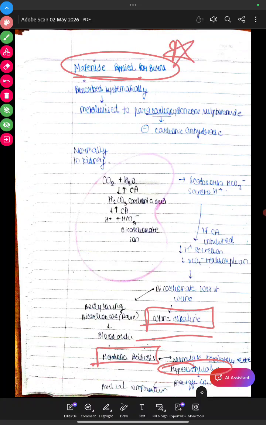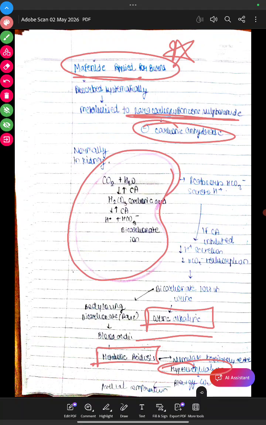Normally you have to understand only this, but if you want to know more: mafenide is metabolized to paracarboxybenzene sulfonamide, and this inhibits carbonic anhydrase. In the kidney, carbonic anhydrase converts CO2 and H2O to carbonic acid, and then it secretes H plus and reabsorbs bicarbonate ions.